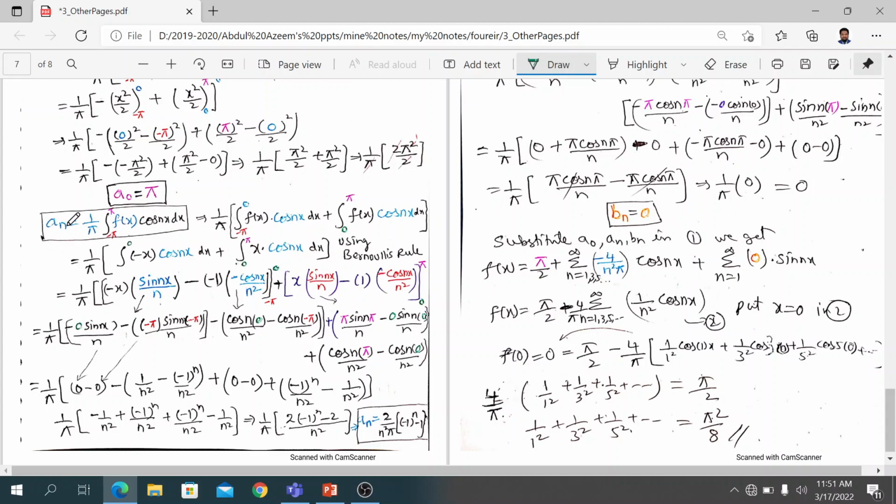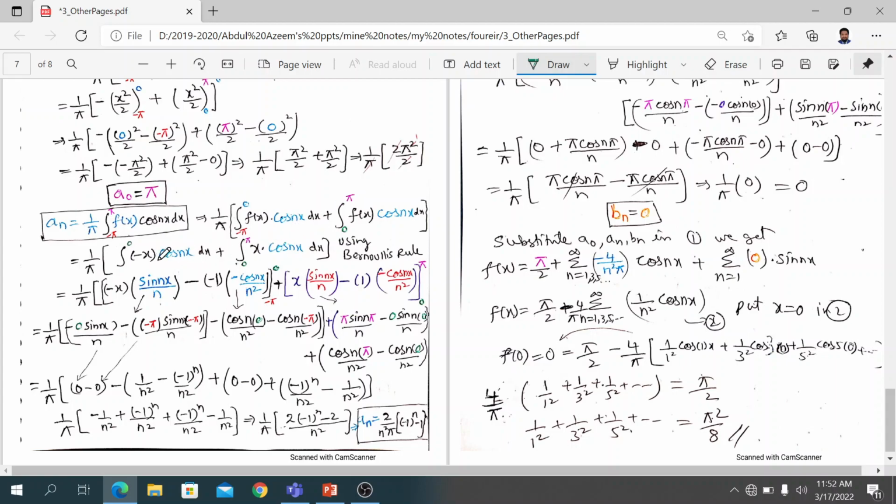Next, the formula for aₙ is 1/π times the integral from −π to π of f(x) cos nx dx. I write this as the integral from −π to 0 of f(x) cos nx dx plus the integral from 0 to π of f(x) cos nx dx. Here f(x) is −x on the first interval and x on the second.